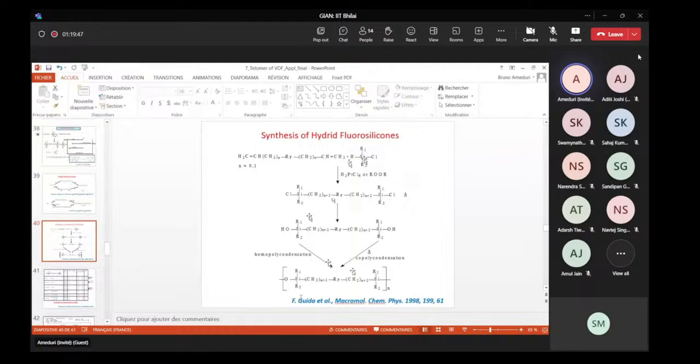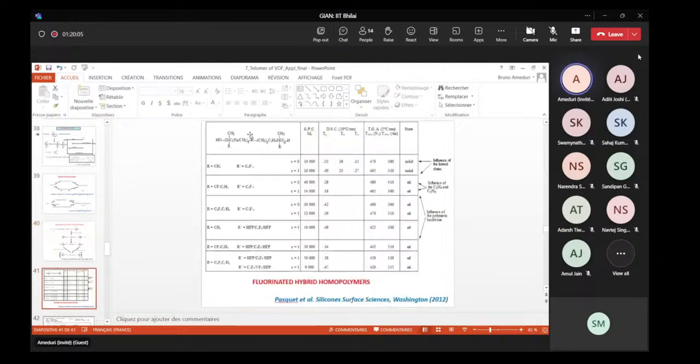And of course, we worked with Gida, who is an expert in silicon. And in this case, as you can see, we play on R1, R2, RF with different units of VDF, HFP, etc. And the tables of results are here. So it's a non-exhaustive table.